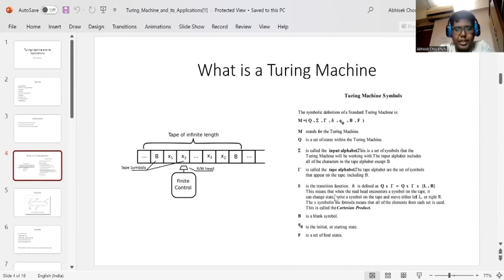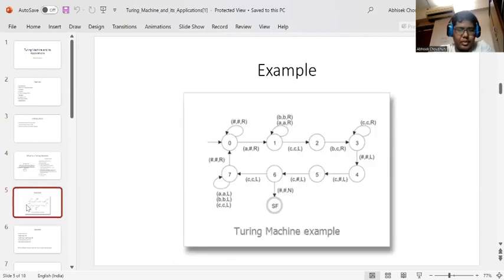Then we have delta, which is the transition function. So it tells us for a particular state and given input, which state the Turing machine should go to, what symbol to be written on the tape, and whether the head is to move left or right. And Q naught is the initial state, B is the blank symbol, and F is the set of final states. So, for example, in this example, the 0, 1, 2, 3, 4, 5, 6, 7, and SF, these all are the states.